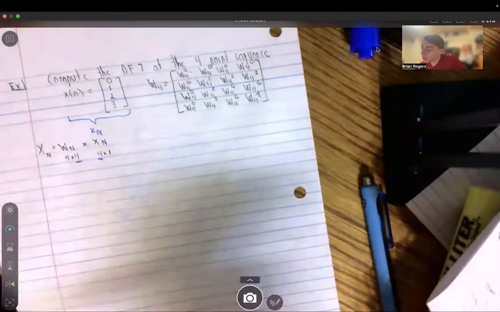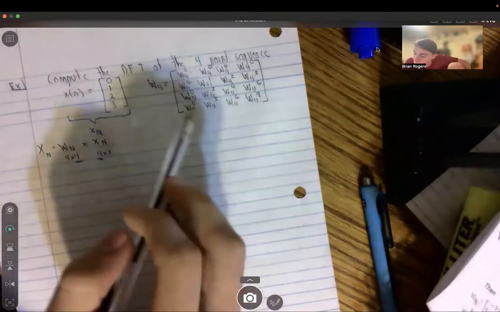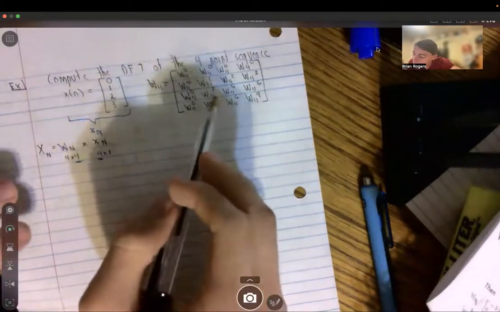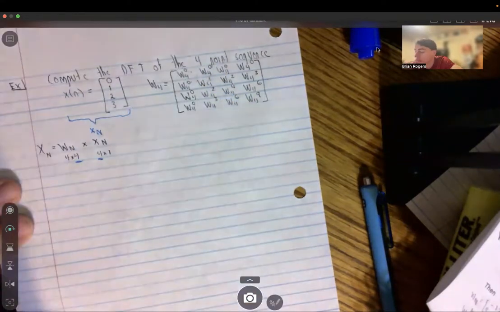So notice that the ones that are similar, we have W4 to the power 0, W4 power 1, W4 power 2, W4 power 3, W4 to the power 6, and W4 power 9.